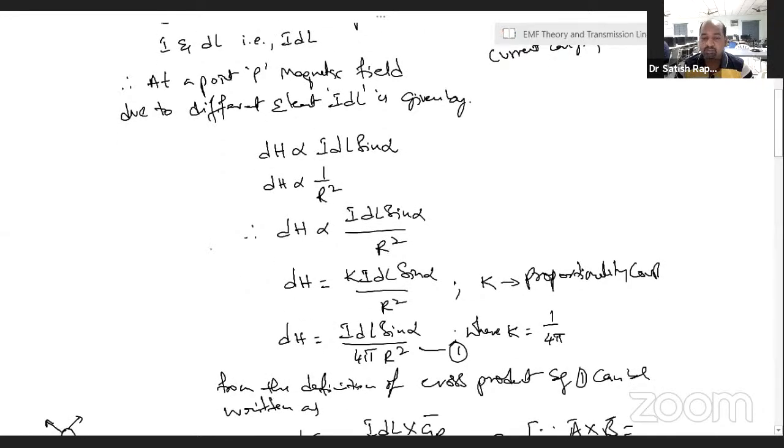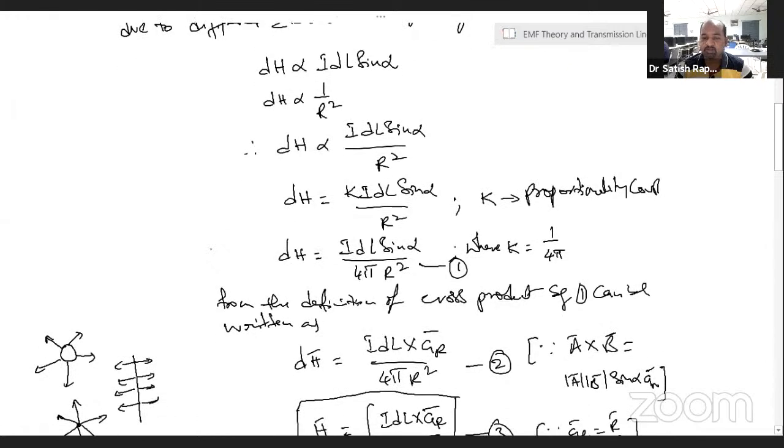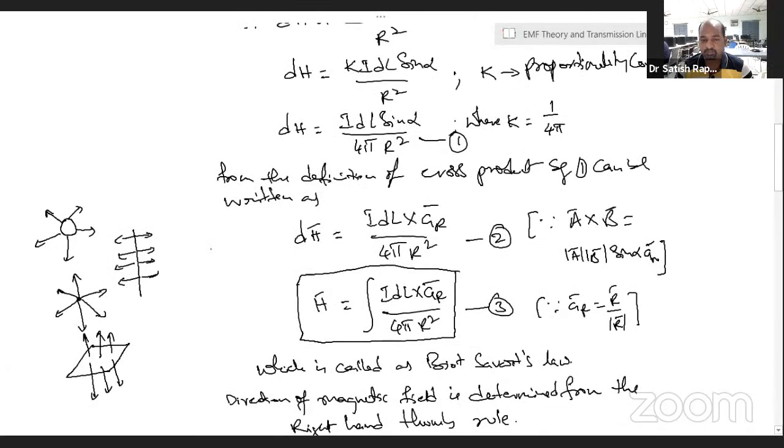That is, dH is proportional to I dl sin alpha by r squared, and the proportionality constant is 1 by 4 pi. So dH is equal to I dl sin alpha by 4 pi r squared.